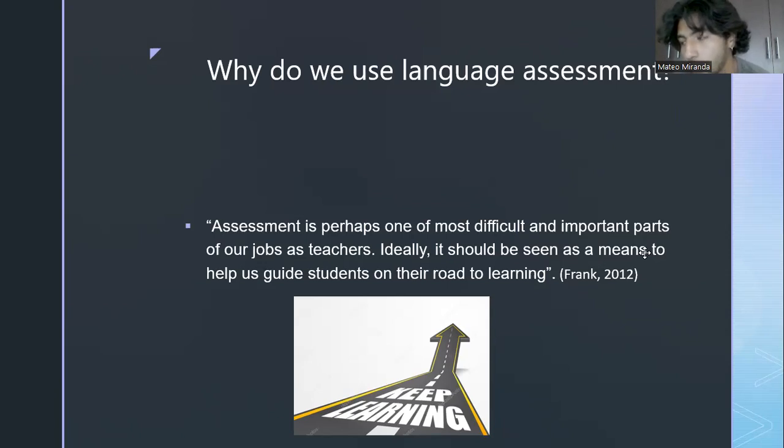And that's why we have 2 assessment types, informal and formal.